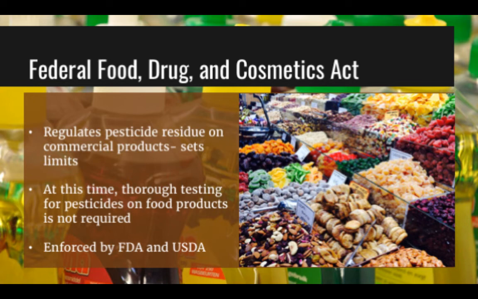To make the safety finding, EPA considers, among other things, the toxicity of the pesticide and its breakdown products, aggregate exposure to the pesticide in foods and from other sources of exposure, and any special risk posed to infants and children. Some pesticides are exempted from the requirement to have a tolerance. EPA may grant exemptions in cases where the pesticide residues do not pose a dietary risk under reasonably foreseeable circumstances.